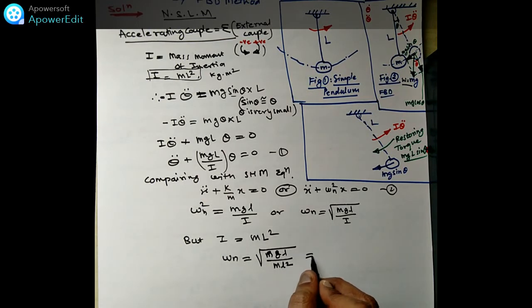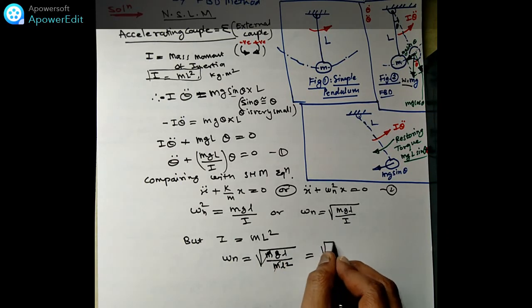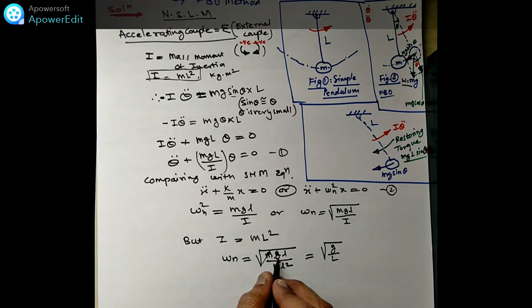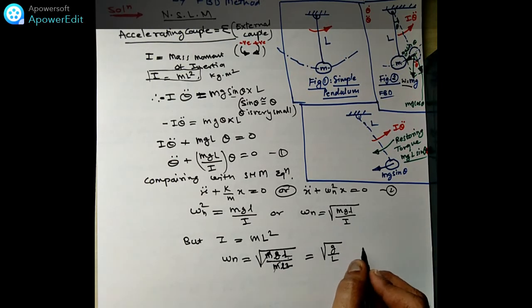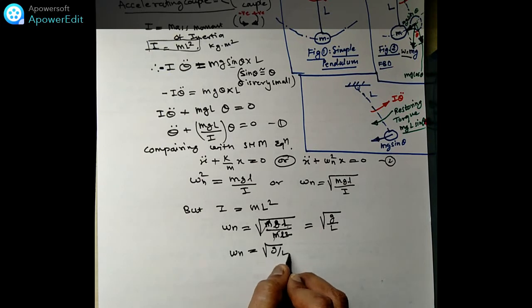So m and one L get cancelled, and what remains is g by L. So omega n is equal to, final answer, under root of g by L. This is your frequency.